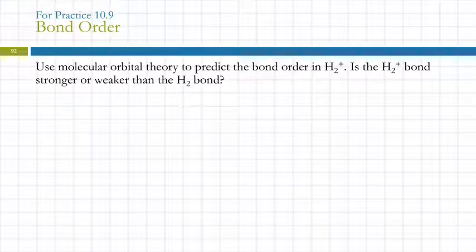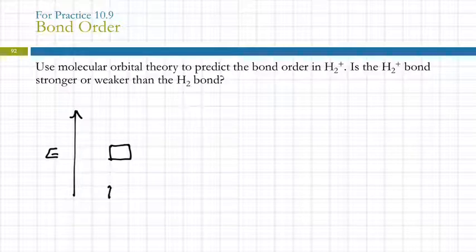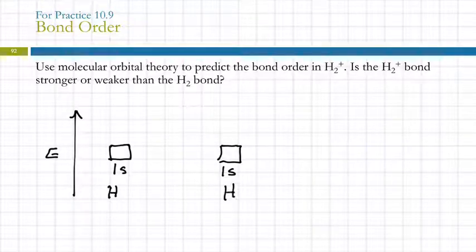Okay, so let's use molecular orbital theory to predict the bond order in H2+. Is that bond stronger or weaker than the H2 bond? So we're going to draw a diagram. So here's our energy, and we're going to start with a hydrogen atom over here with a 1s orbital, and a hydrogen atom over here with a 1s orbital.